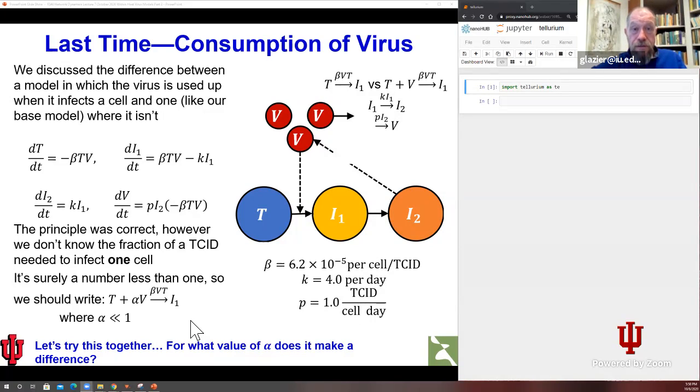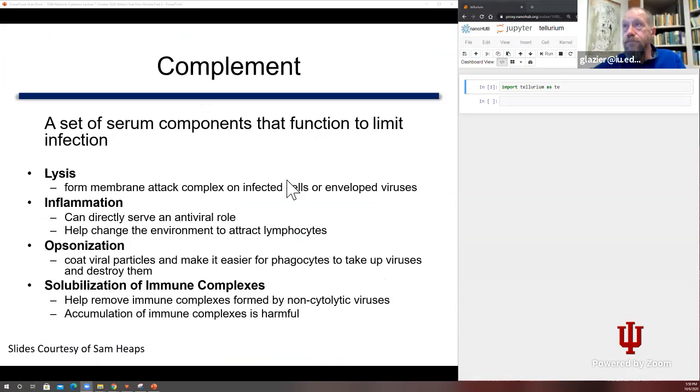What you could do, however, is change T and keep alpha constant; effectively what matters is the ratio of T, V, and alpha. And so you can change the initial level of T or the initial level of V, keeping alpha fixed. And that's equivalent to changing alpha. So you have to be a little bit ingenious if you want to do that. But the naive thing, which is to say T plus alpha times V, in the way you type it in antimony, won't work. You have to have a little bit of a workaround for that. So that's something to think about.